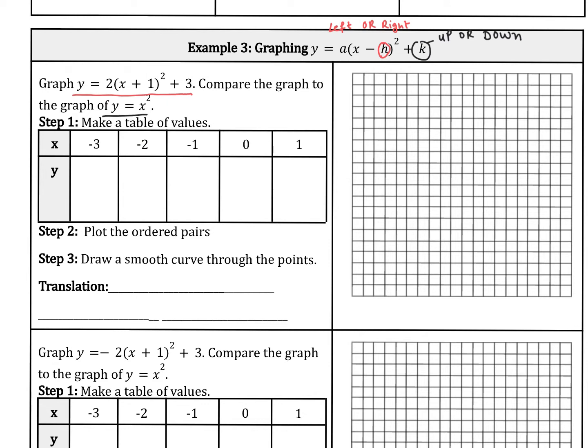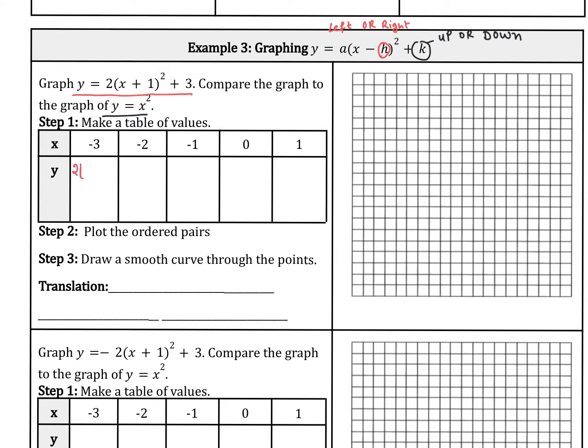We can first use the table and plot the table values to make the graph. The x values that we're going to choose are -3, -2, -1, 0, and 1, and plug them into the given function. So the first value is -3.